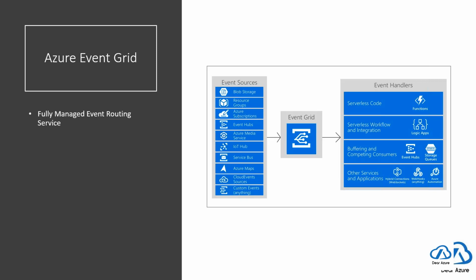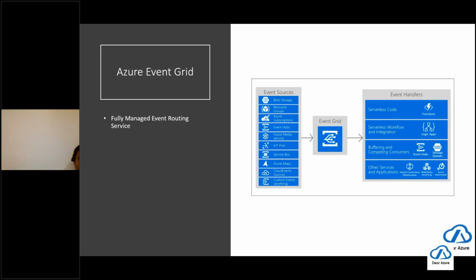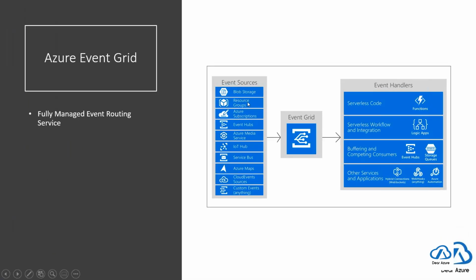The simplest one would be when a blob is created. If we take a look at the image on the right hand side, we can see that there are multiple event sources. For example, blob storage can emit events like blob created or blob deleted. Then a resource group can emit events like resource group created, resource group deleted. Event Hubs have their own events. IoT Hubs have their own events. Service Bus emits events when there are no listeners for the messages in the queues or topics, and so on and so forth.